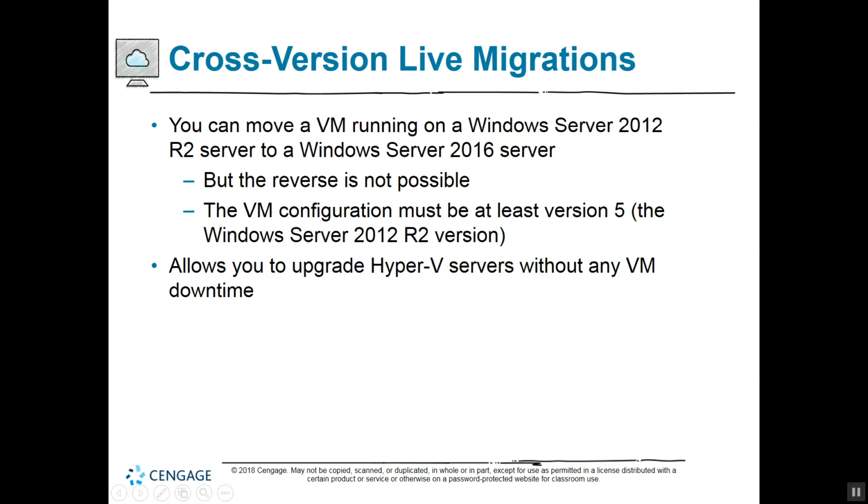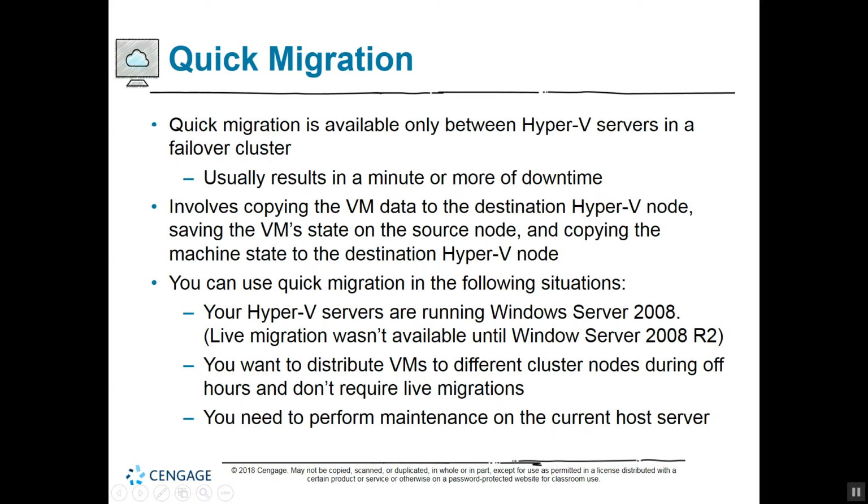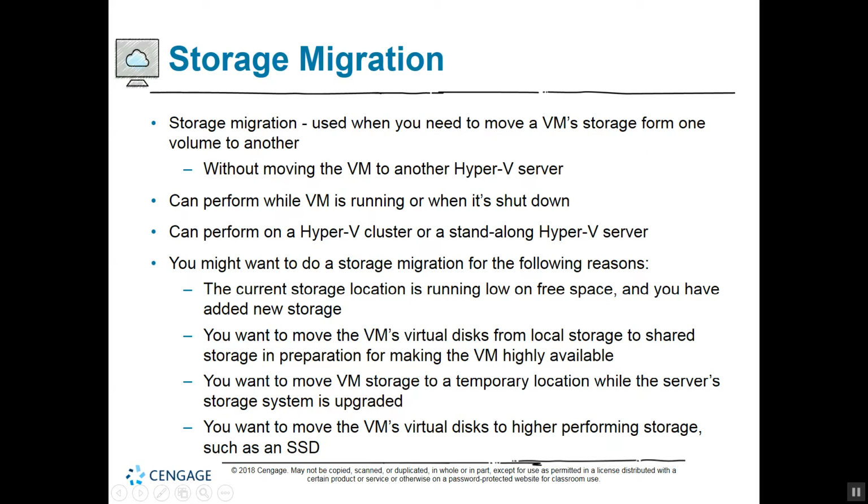It's not backward compatible. Okay, quick migration is available only between Hyper-V servers in a failover cluster. Storage migration is used when you need to move VM storage from one volume to another without moving the VM to another Hyper-V server. You can perform this while a VM is running or when it's shut down.